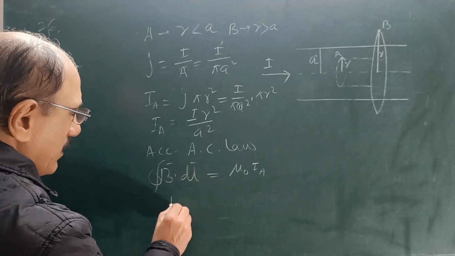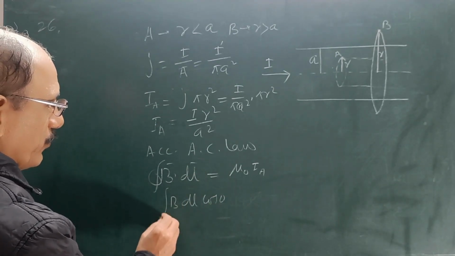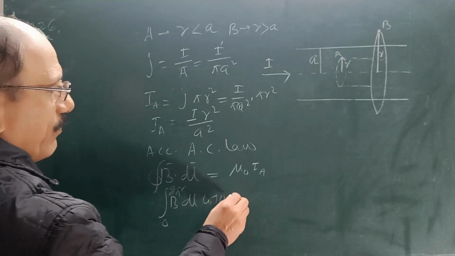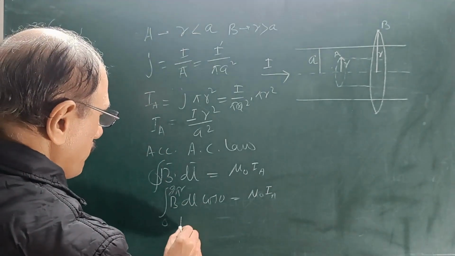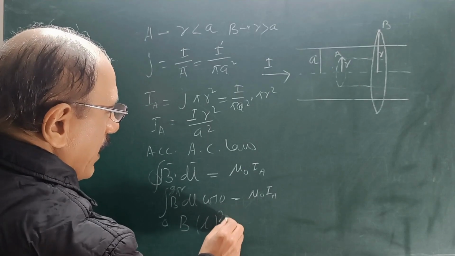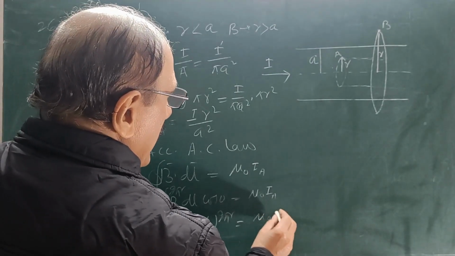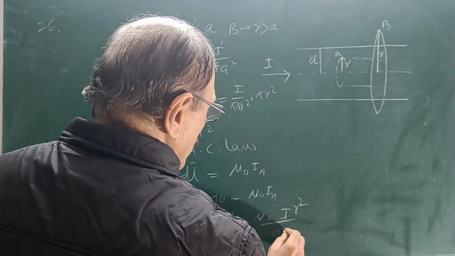So B dl cos 0, integrated over 0 to 2 pi r, will be equal to mu naught I_A. Here B, the integral of dl is 0 to 2 pi r, and mu naught I_A is mu naught I r square upon A square.